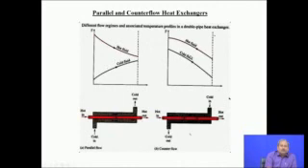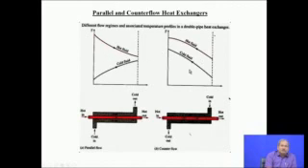So for counter flow, or flow in opposite direction, for the same inlet and outlet temperatures, the delta T is going to be more as compared to that of the parallel flow. So counter flow heat exchangers are definitely more efficient thermally as compared to the parallel flow.